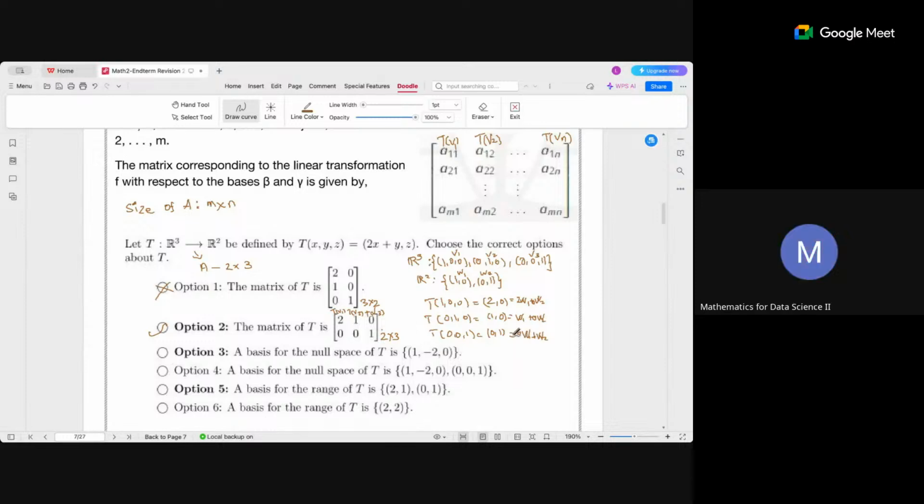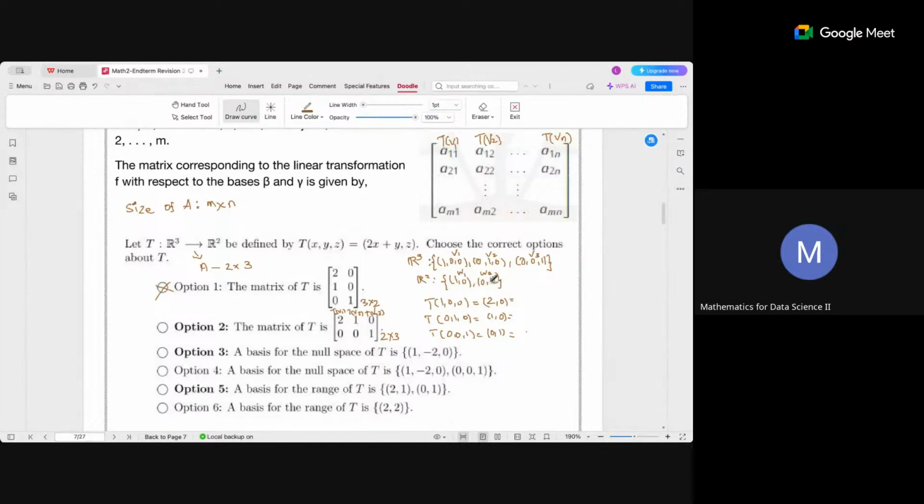Sorry for writing it in a clumsy way. Here we have to write the matrix of T by writing the images of the basis of the domain as a linear combination of the basis of the codomain.